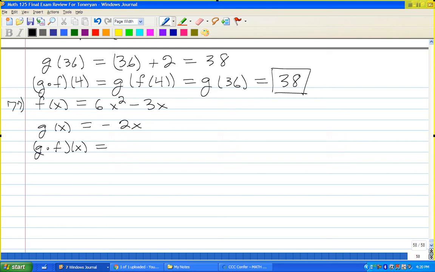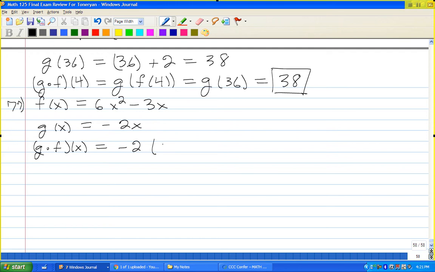So wherever I see an x in the formula for g, I replace x by the formula given by f of x. So wherever I see an x in the formula for g, I replace x by 6x squared minus 3x. And so I have a negative 2 times x.